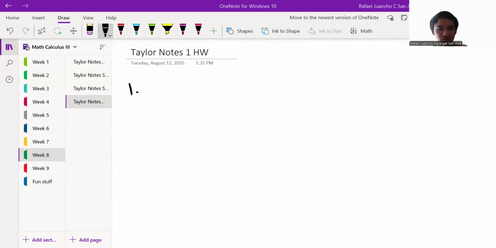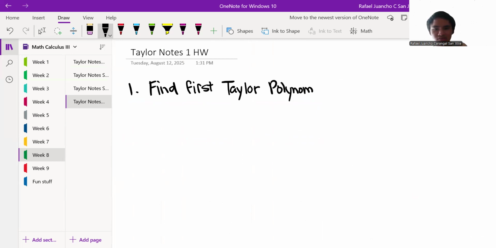So first we want to find the first Taylor polynomial, and we're going to assign some stuff here. This is t sub 1 of x.